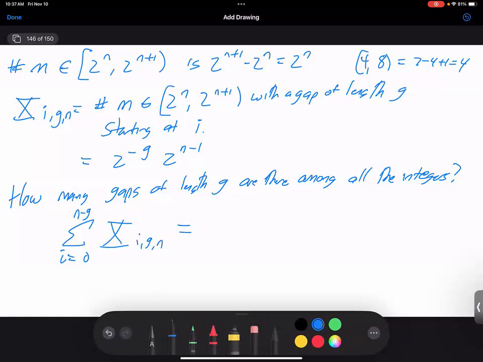So this is going to be a sum, i goes from 0 to n minus g, of 2 to the negative g, 2 to the n minus 1. Well, I can just pull the 2 to the negative g, 2 to the n minus 1 outside, and then I have a sum, i goes from 0 to n minus g. What does that sum equal?